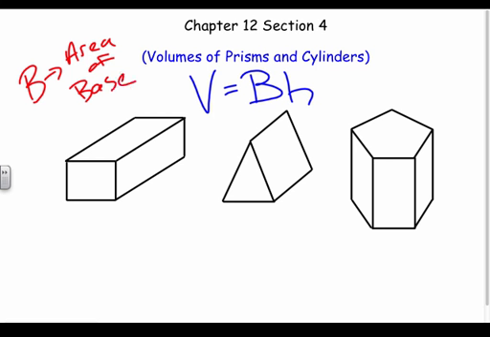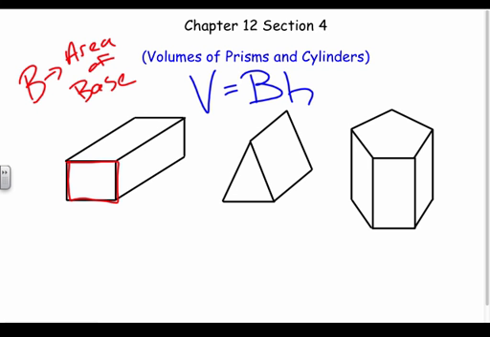So for example, if I would look over here at my rectangular prism, well, you got to determine which part you want as the base. What's your base shape here? Well, it's a rectangle. So I got to decide, do I want to use the piece that's on the bottom as my base? Or do I want to use the piece at the front as my base? Okay, you have to make that decision. And with a rectangular prism, you can choose any one.